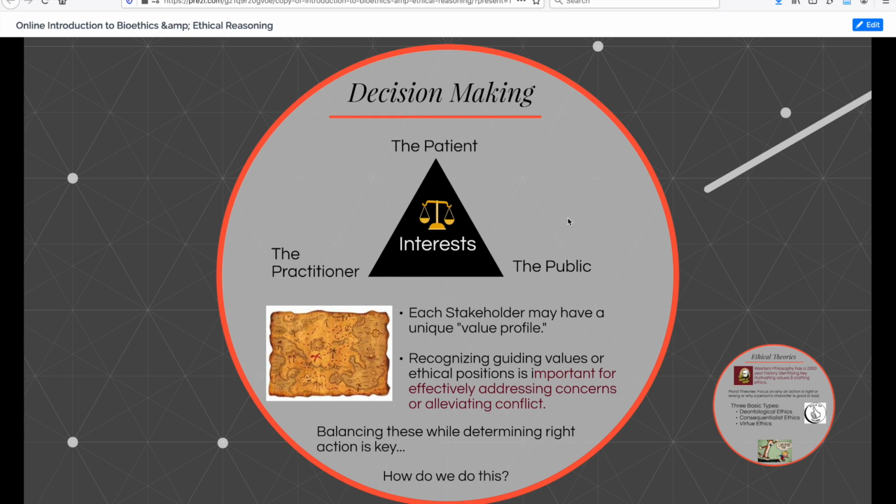And so it is important to alleviate conflict and to come to consensus as quickly as possible, but not to do so sloppily, right? To produce quality decisions in the limited time that you have for making those decisions. So balancing each of these decision-making groups and recognizing each of these values is key.